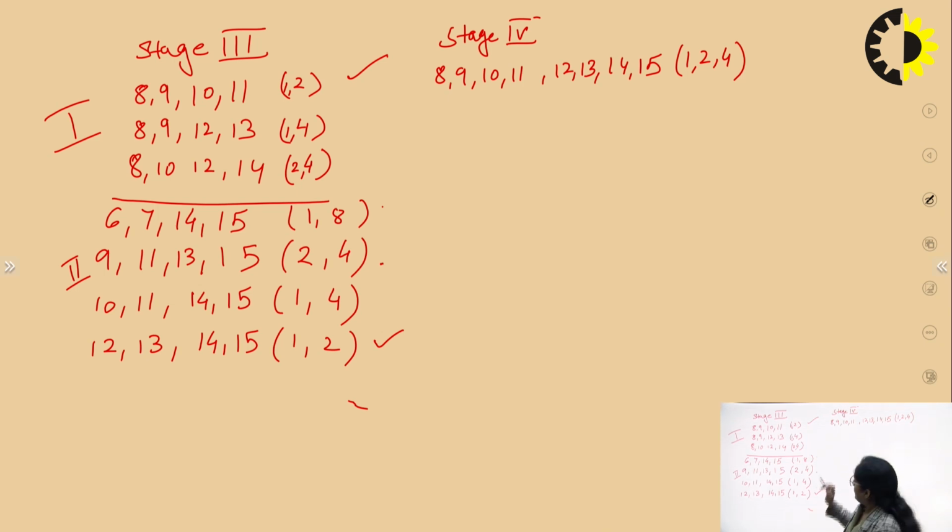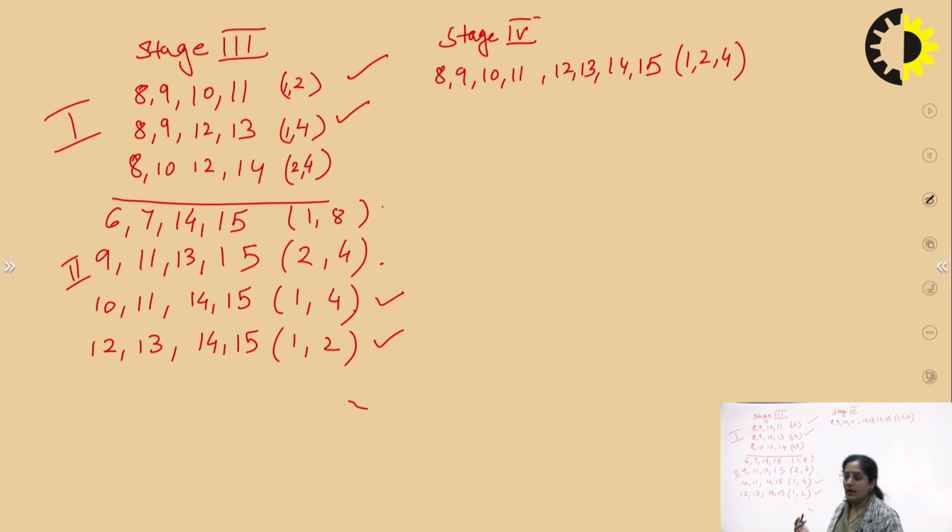Now we go with 8, 9, 12, 13, which is 1, 4. We will search for 1, 4, and here it is 1, 4. But when you write it out, you will find that 8, 9, 10, 11, 12, 13, 14, 15 is already covered, and the difference will be 1, 2, 4, so we have already written this.